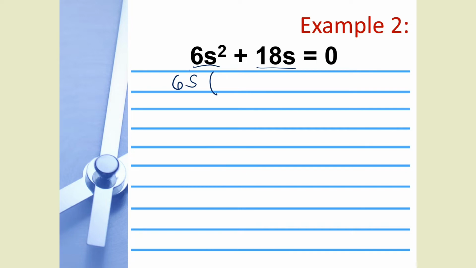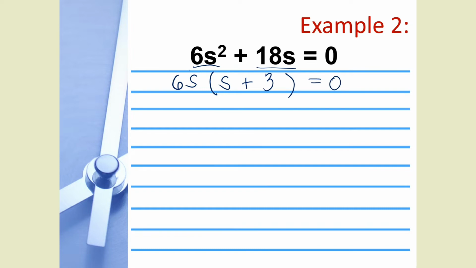I-divide lang natin yung 6s squared by the greatest common monomial factor, which is 6s. So, 6s squared divided by 6s is s. Plus, 18s divided by 6s is 3. Then, close parenthesis equals 0.